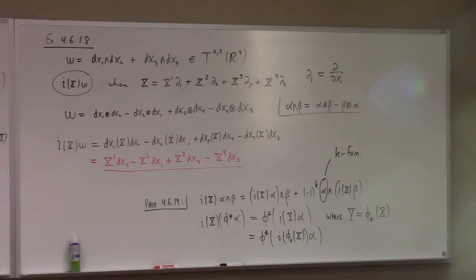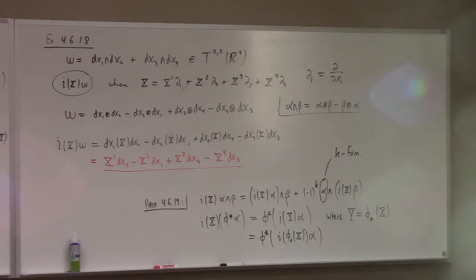And here's the thing that you might have forgotten about with flow, but your homework that you're doing right now will help you remember this. Flow phi sub t going from R^n to R^n.